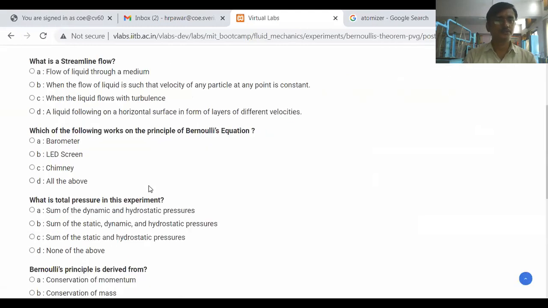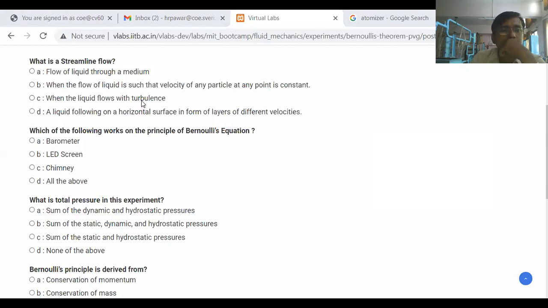When the flow of liquid is such that velocity of any particle at any point is constant. Option. Yes, okay. When the liquid flows with turbulence, this is not the correct answer.